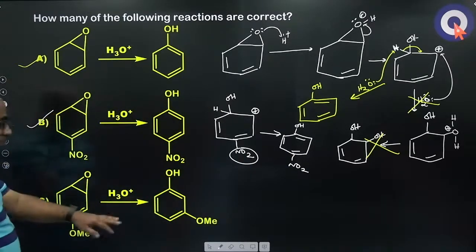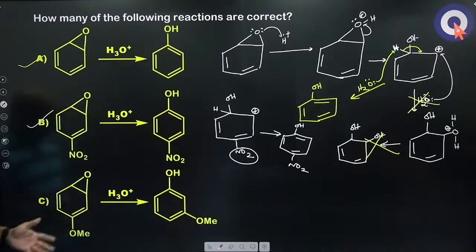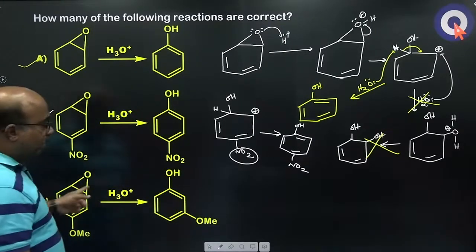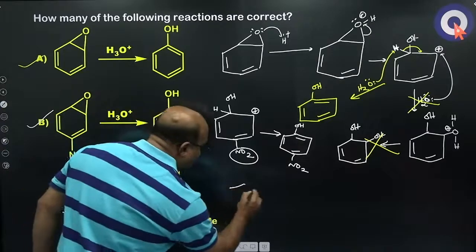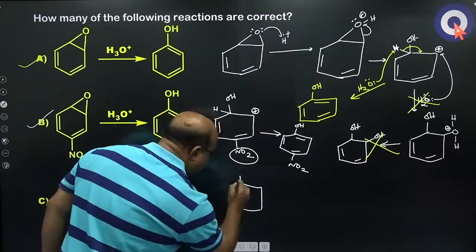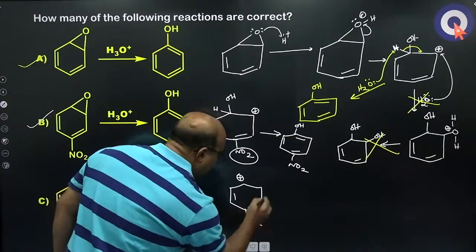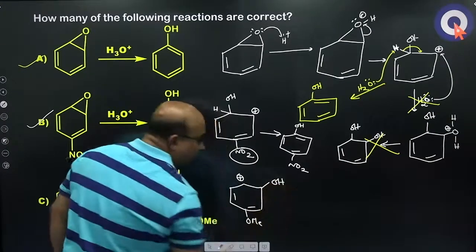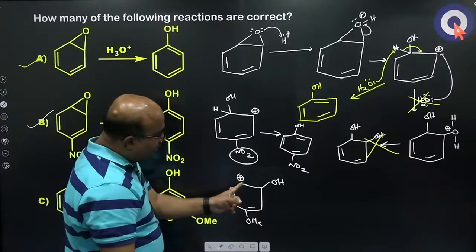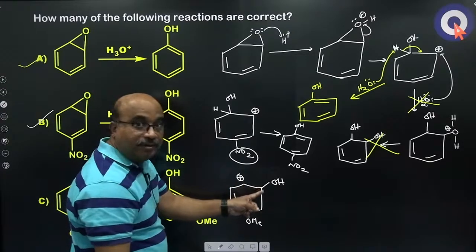But with respect to OMe, this is a reverse case. What is the OMe case maybe? You will get a positive charge at this carbon which is stabilized. So positive charge may be here or positive charge may be at this carbon.